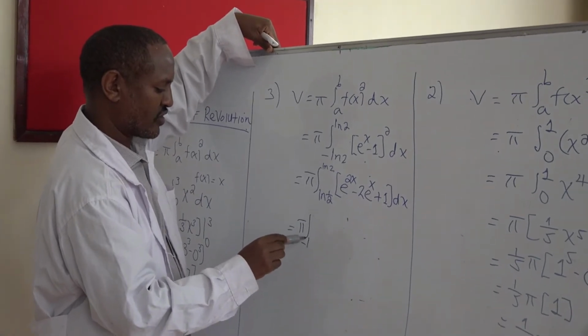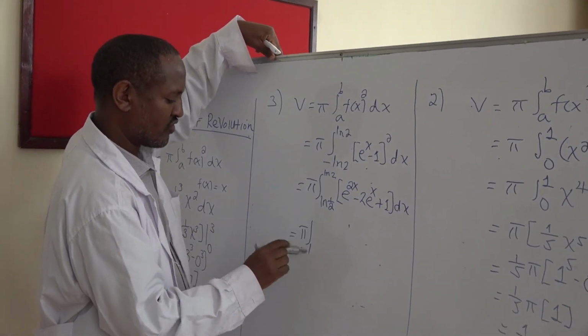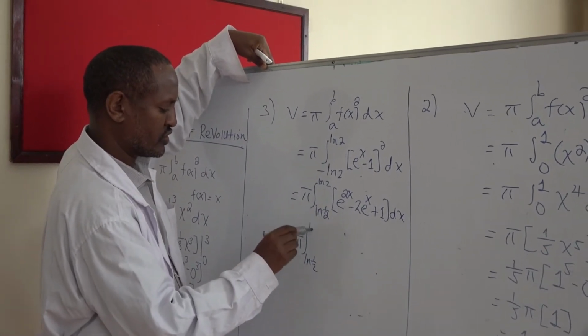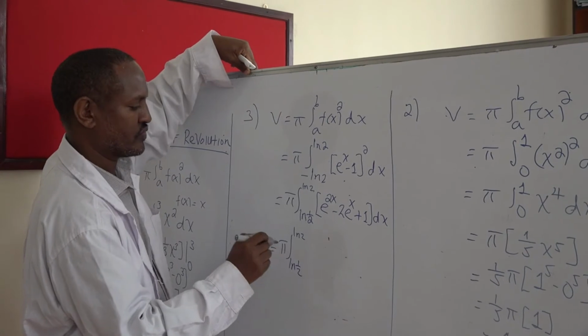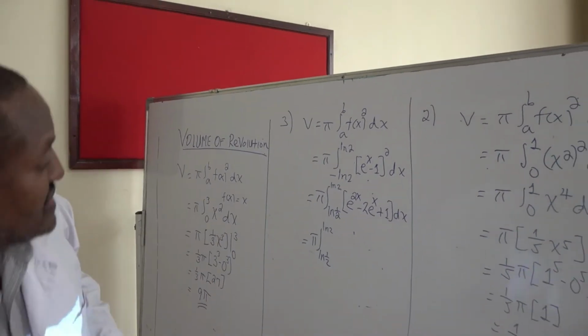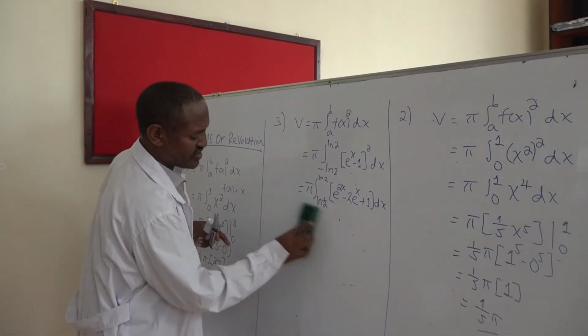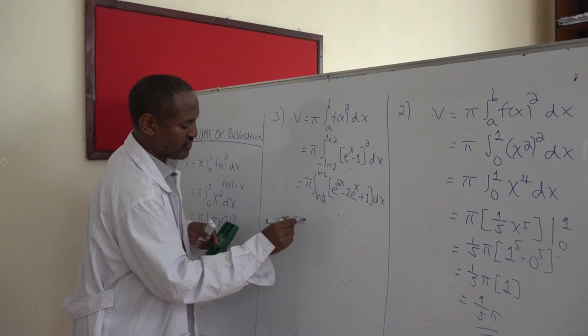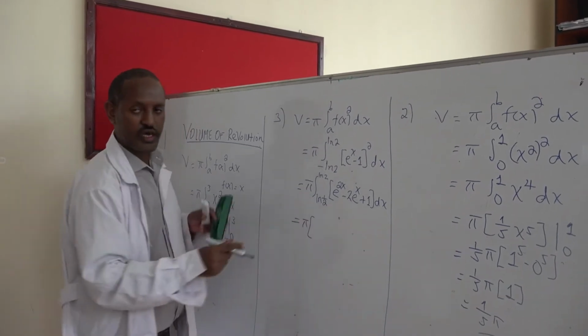Now let us take the integral of each part, from ln of 1 over 2 to ln 2 of this expression. What is the integral of e power 2x?